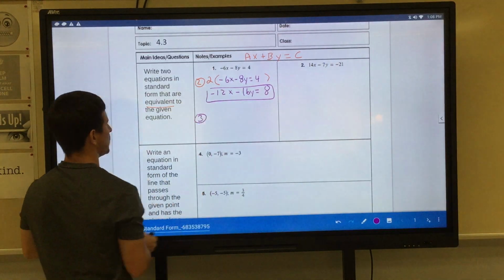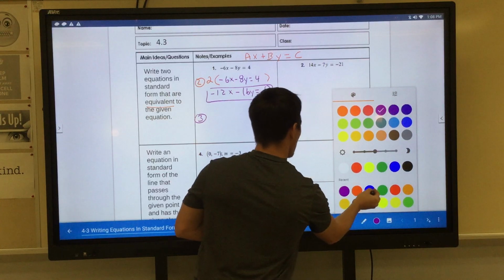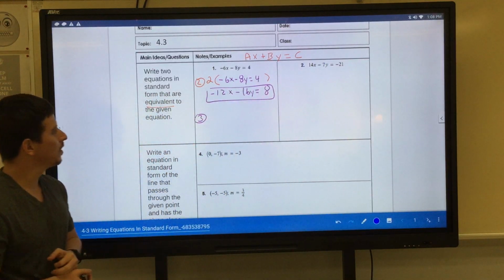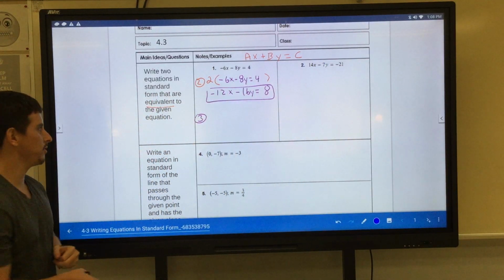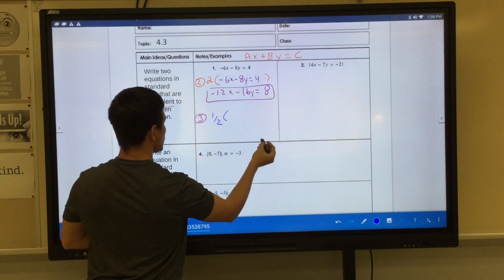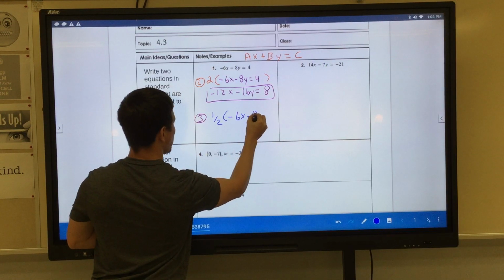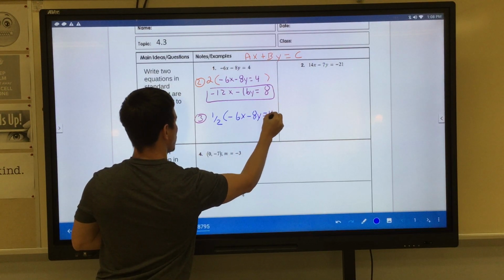Let's see, what about the third equation? What can we do here? What about we multiply by 1/2? That'll be a nice one to try. So everything from the inside, it's negative 6x minus 8y is equal to a 4.